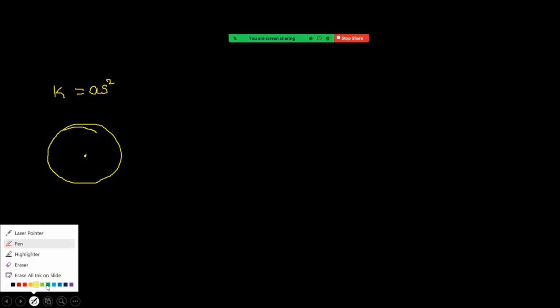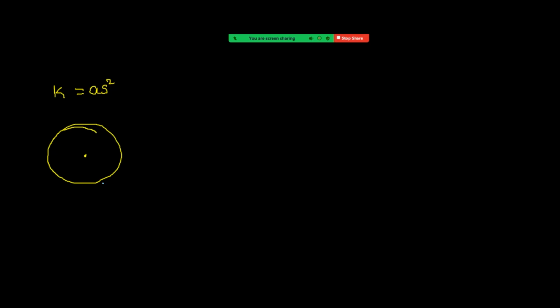So see first the data given. The kinetic energy is given as a function of the distance covered. So K equal to a s square, where s is the distance traveled. It follows a circular path, so force has two components.